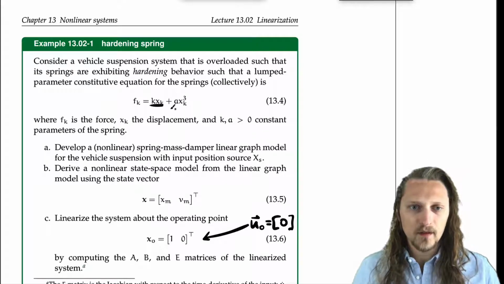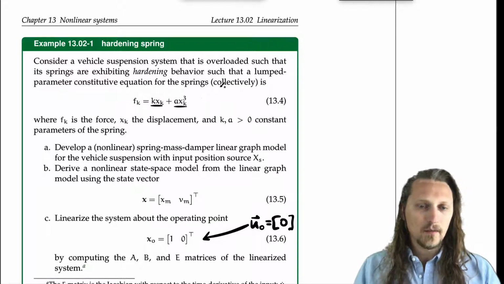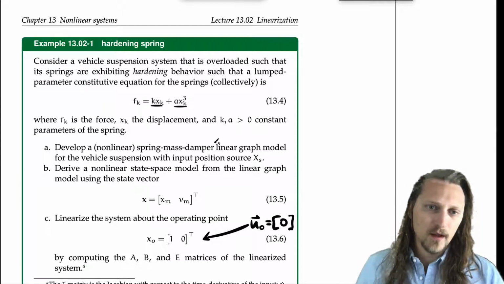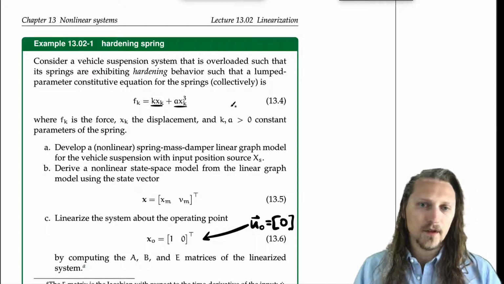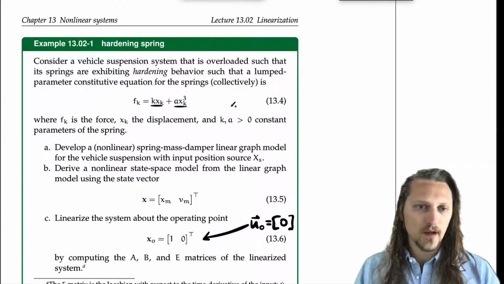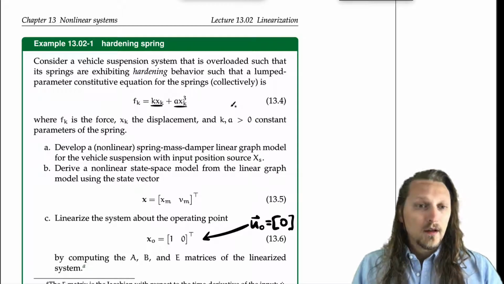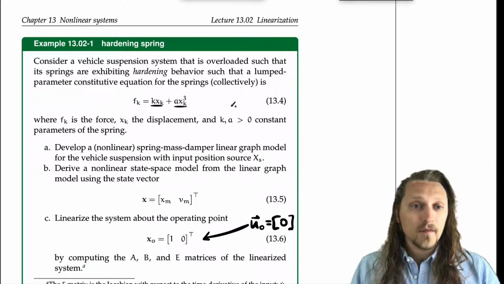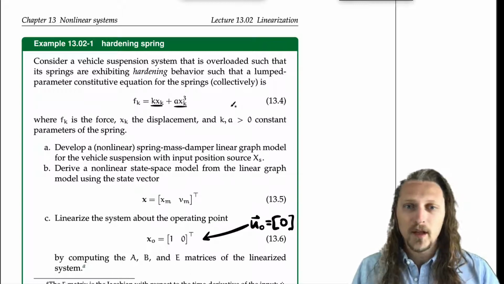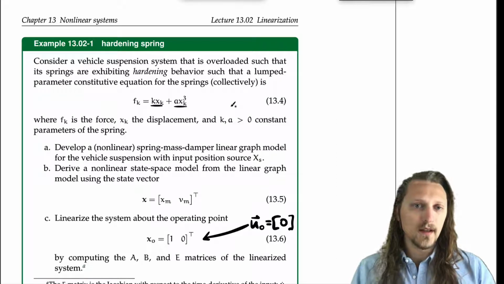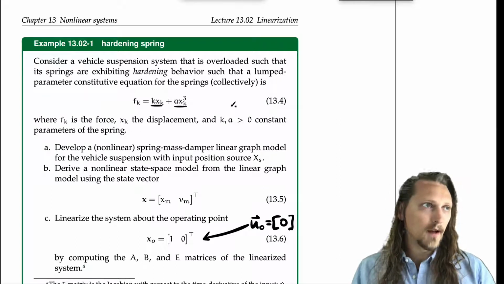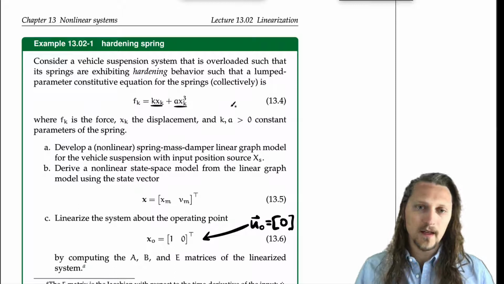This term is linear, but the other term here is cubic, so nonlinear, with constants k and a. So you can think of a as being the nonlinear part of the spring constant. This hardening behavior is something we'll see in springs when they go outside of their normal operating range.